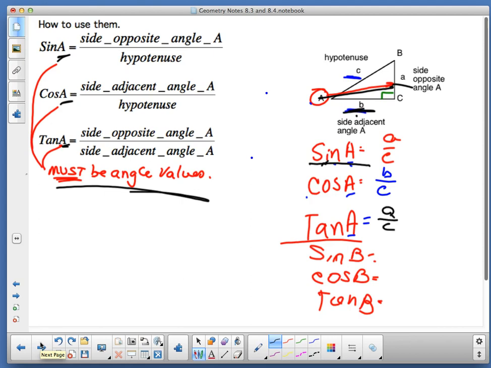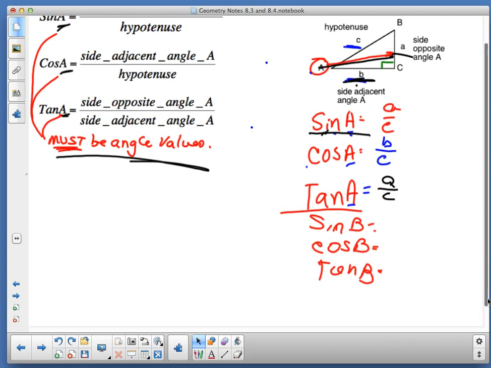Okay, now I want you to be able to keep this in mind as I'm looking this over, because it is specific to the acute angle I'm working with. So if I'm working with a different angle, like B, and by the way, we'll always work with B or A, the acute angles.